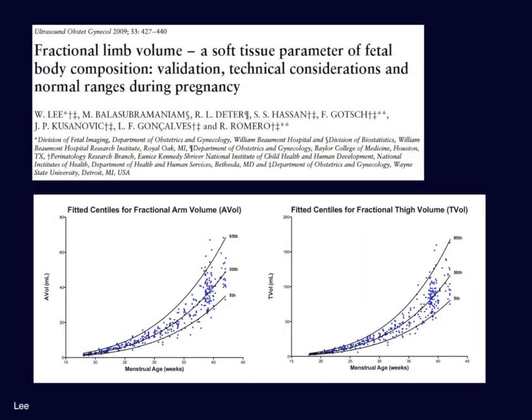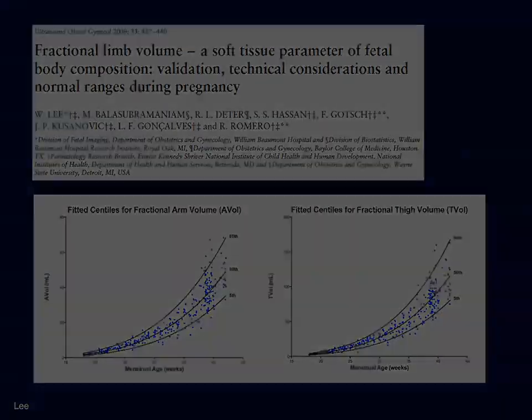Normal reference ranges for fractional arm volume, AVOL, or fractional thigh volume, TVOL, and reproducibility data have been reported. Fractional limb volume is not only a directly measured soft tissue parameter, but can also be used to improve the process of calculating estimated fetal weight.